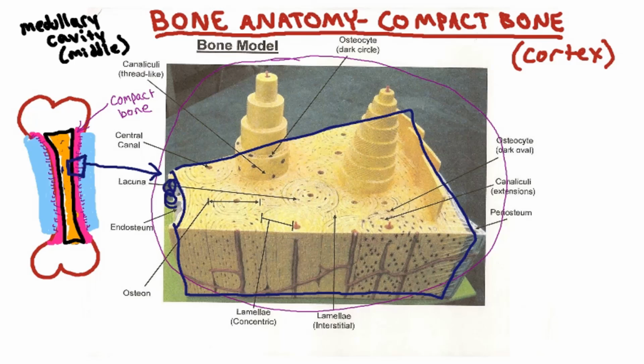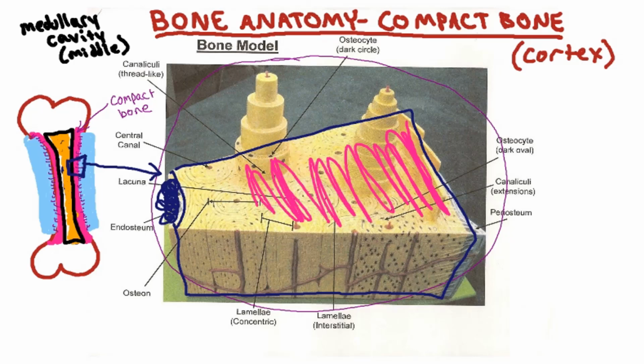And here would be the medullary cavity right in here, and all of this is part of that compact bone. So what we're going to be looking at is up close the compact bone and all the components that go into it.